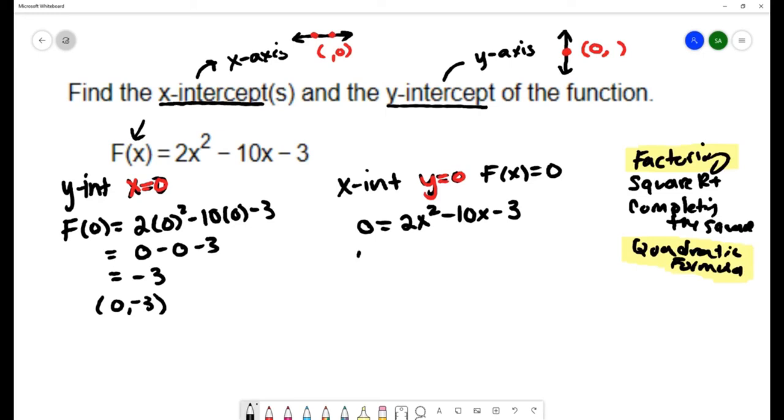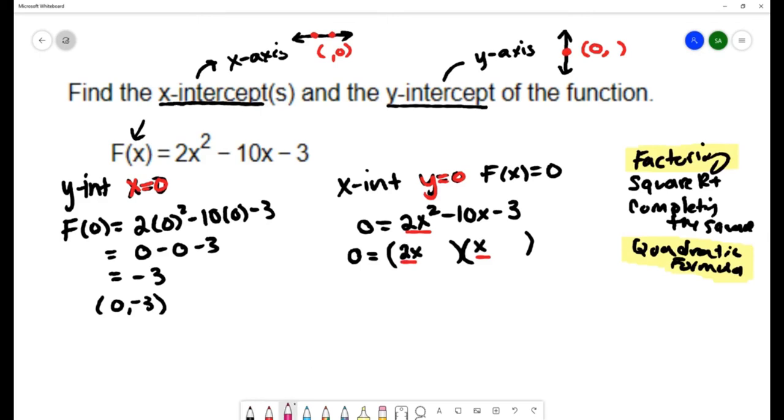So when I'm trying to factor, I usually use the guess and check method. There are other methods for factoring out there. So I'm going to set up two parentheses, and the numbers that go in the front here need to multiply to be 2x squared. Now 2 only has one pair of factors, that's 1 times 2, so I'm going to use 2x and x.